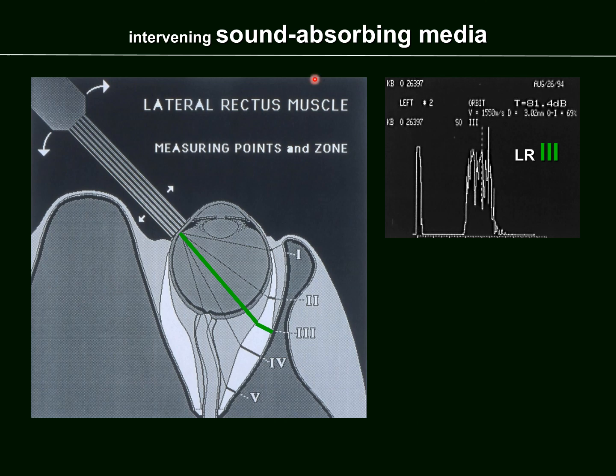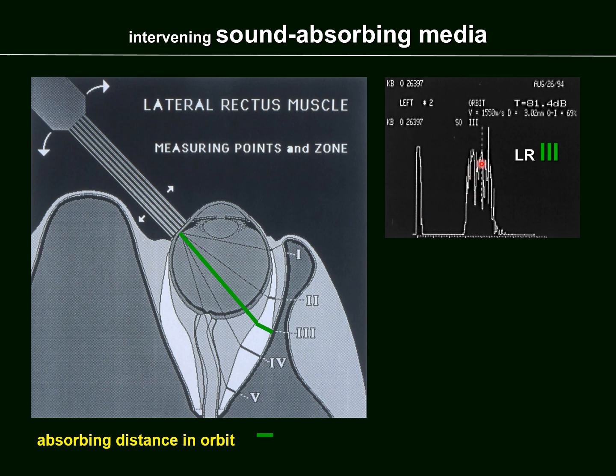And therefore, anteriorly, much less sound absorption, almost none in the eye, and then very little here in the orbital tissues between sclera and muscle.